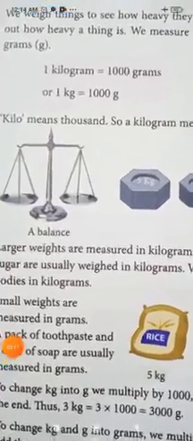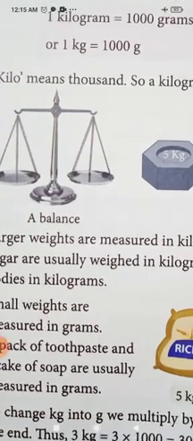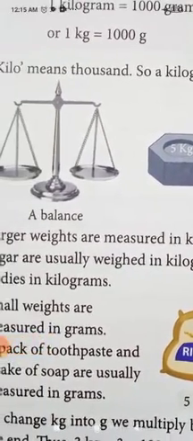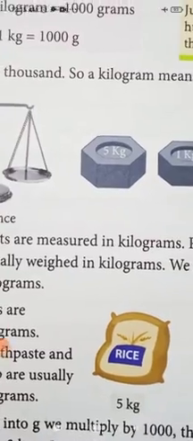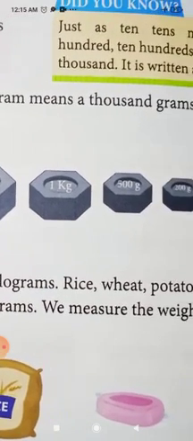So see here students, a balance is given. We can measure the weight with a balance by balancing in this tool. Look at this picture: this is the stone of 5 kg, 5 kilograms. And this is the stone of 1 kilogram, 1 kg.